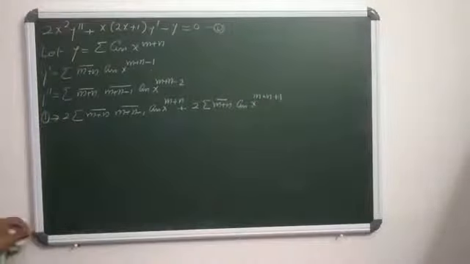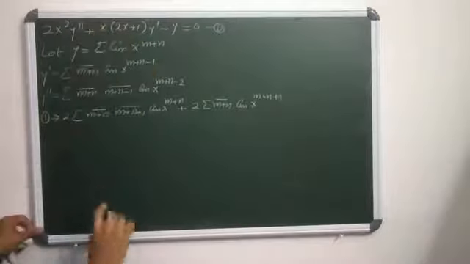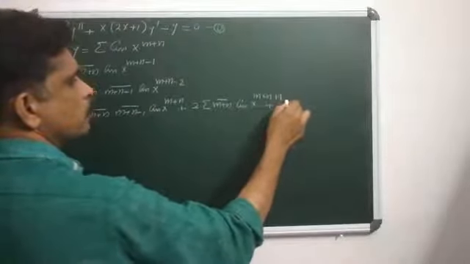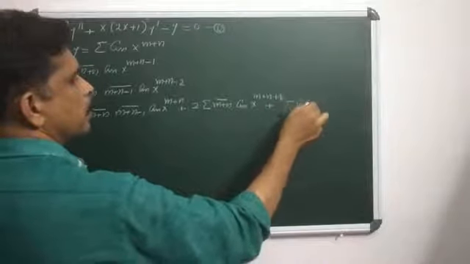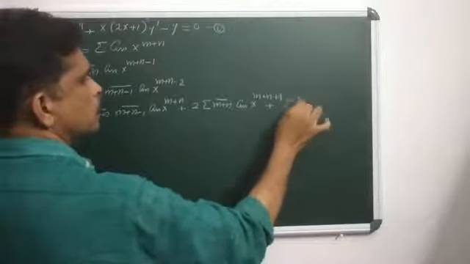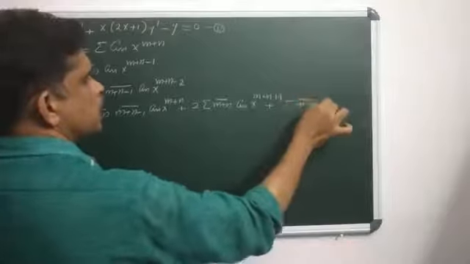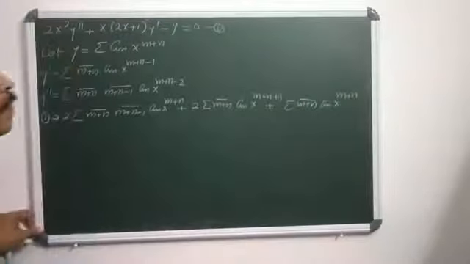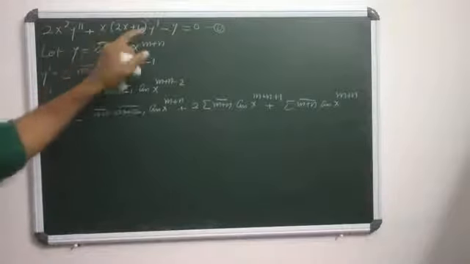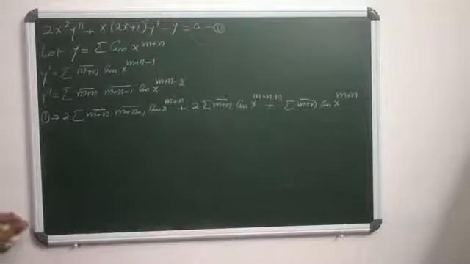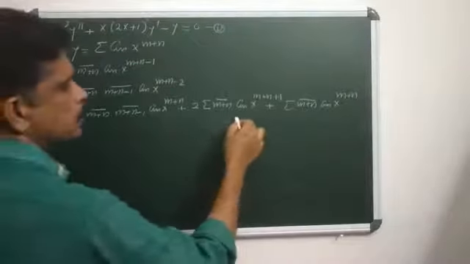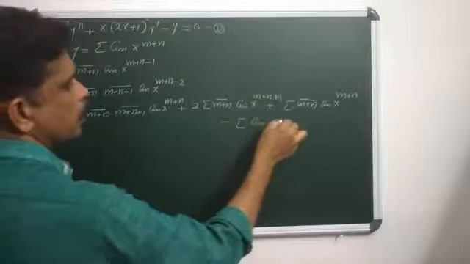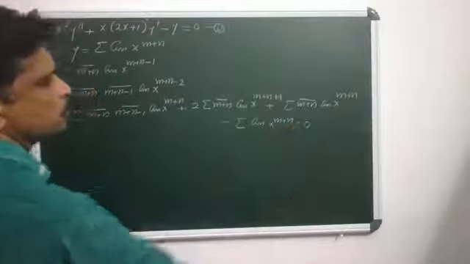Okay. What means plus x y dash? Plus x into, what is y dash? Again sigma (m+n) a_n x^(m+n-1) into x. Agree? Minus y, minus sigma, what is y? a_n x^(m+n) equals 0.